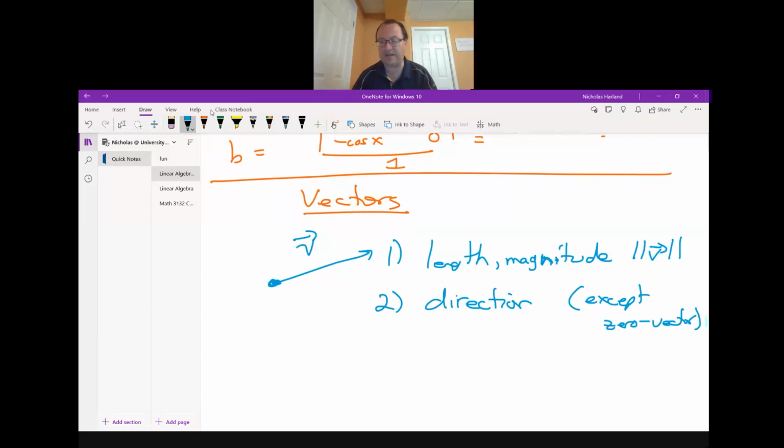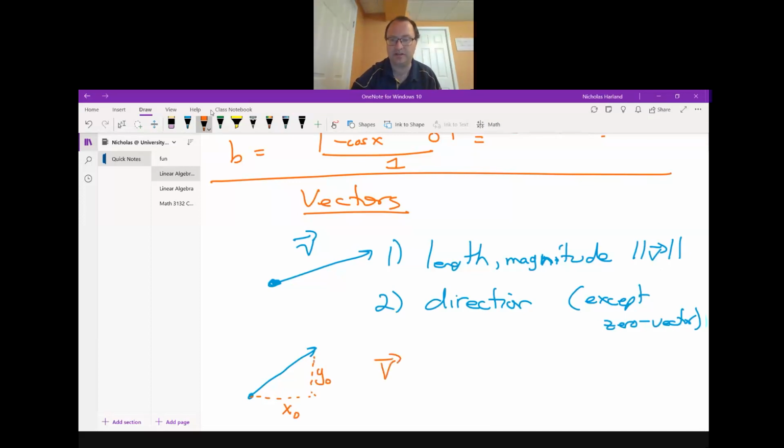What I've laid out here is a geometric idea of how to think about vectors, a length and a direction, but there's also an algebraic way of putting it together. Namely, we can take a look at its x component and its y component.